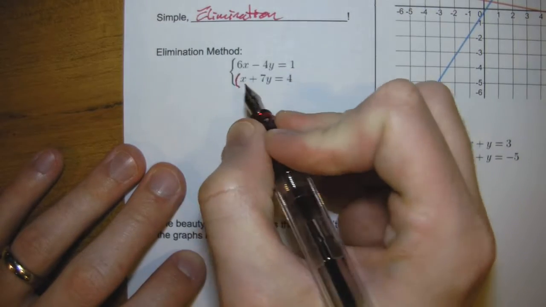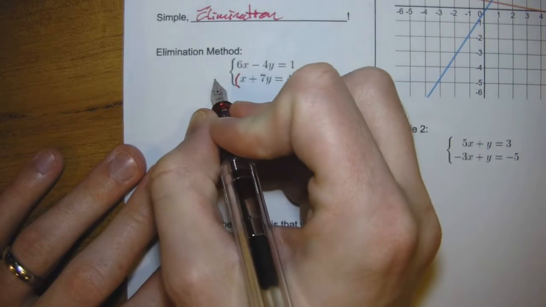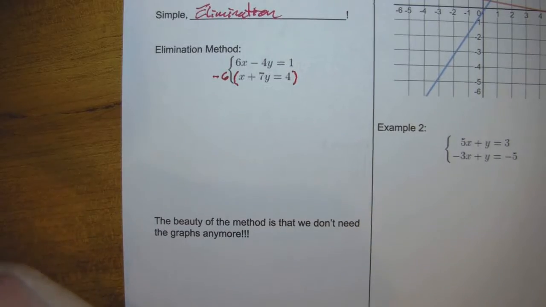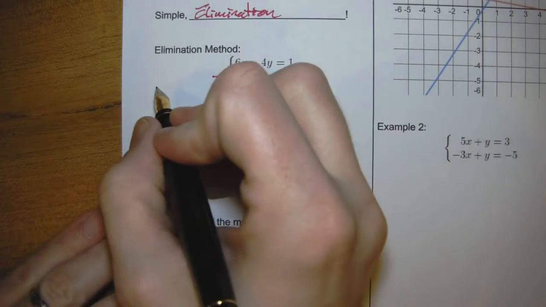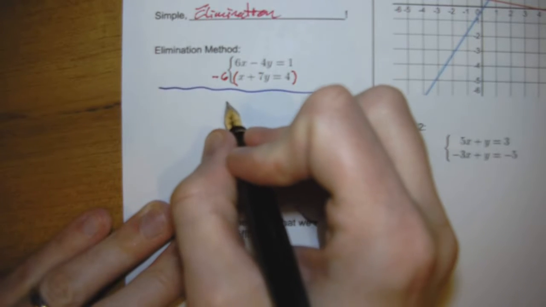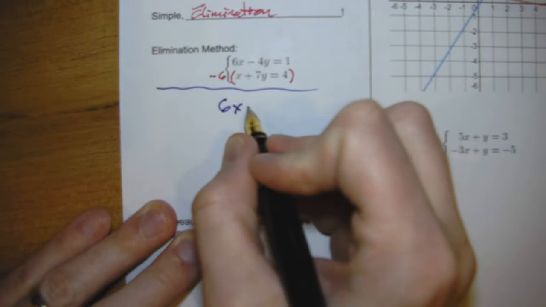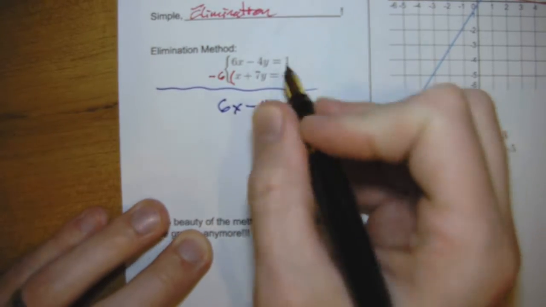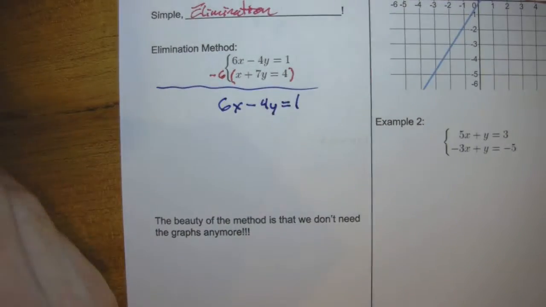I'm going to multiply this bottom equation by -6. So let me show you what it's going to rewrite as. Our top equation won't change. So let's rewrite it here real quick. 6x doesn't change. The -4y doesn't change. That 1 doesn't change. I'm just going to rewrite.